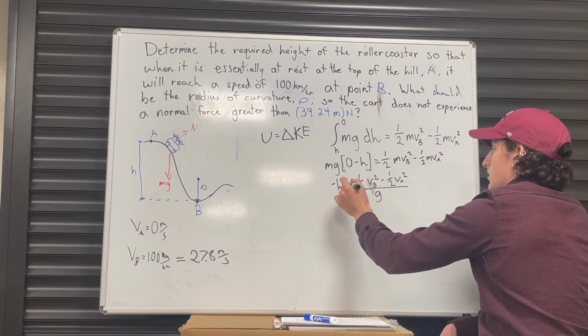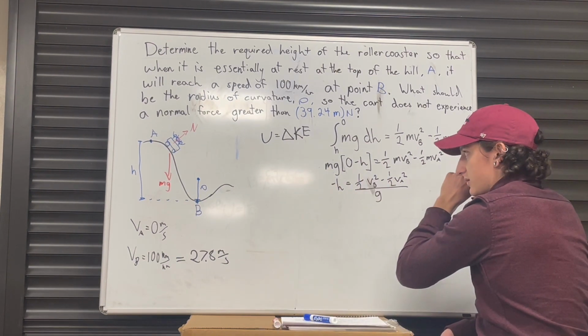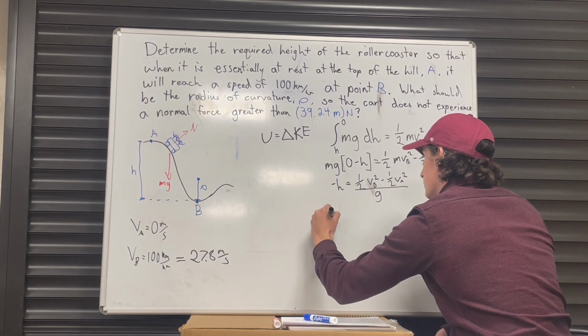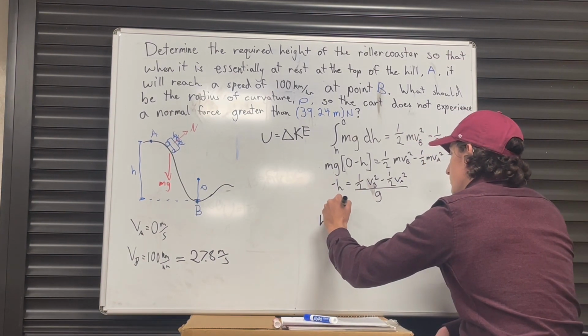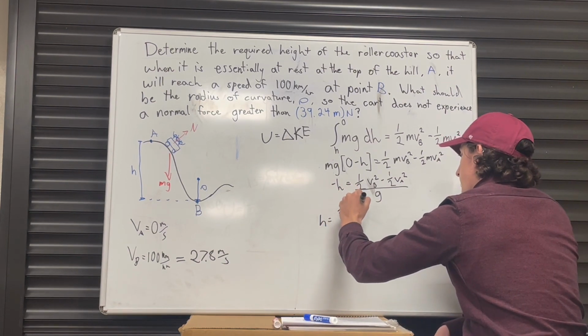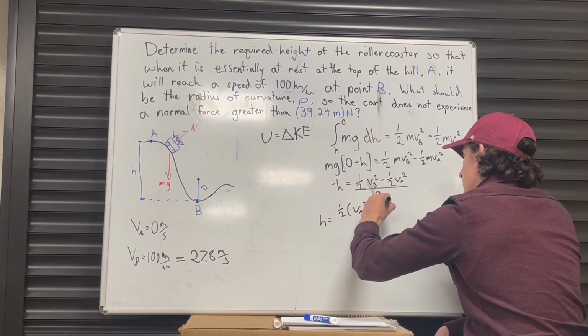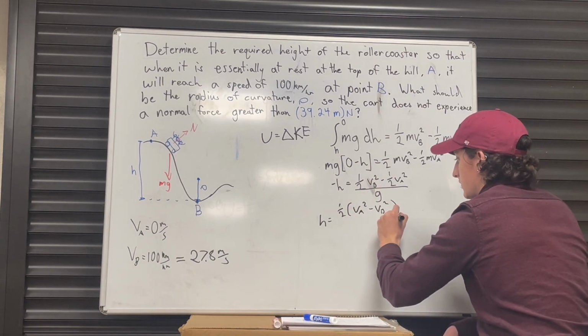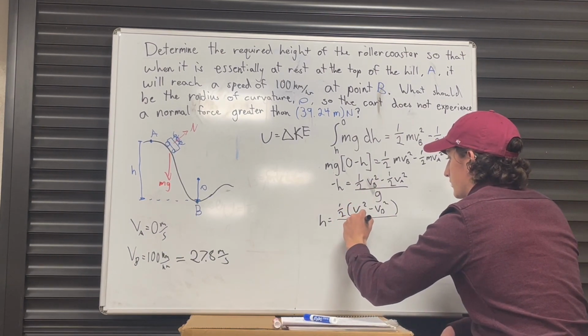And we can just get rid of this negative by switching the minus signs, so we'll have h equals 1/2 times vA squared minus vB squared over g.